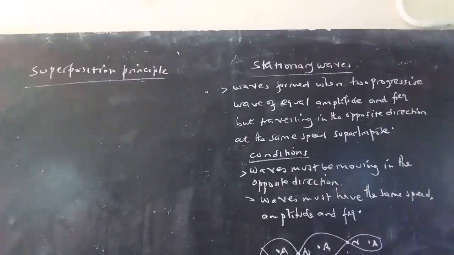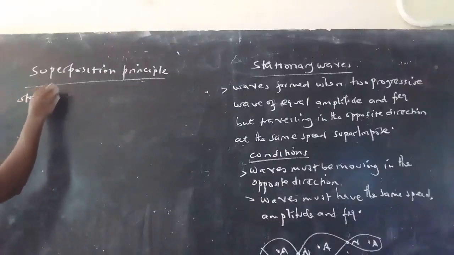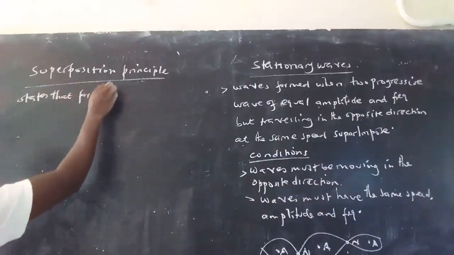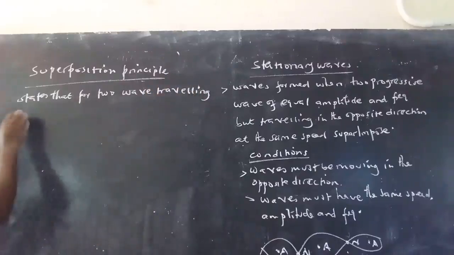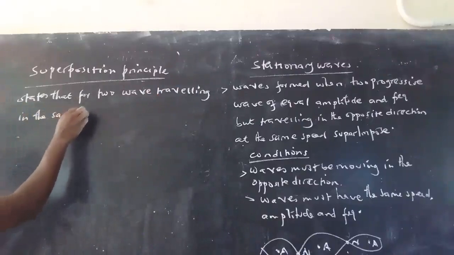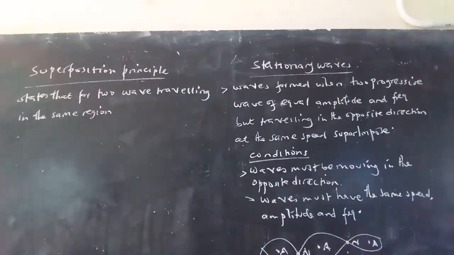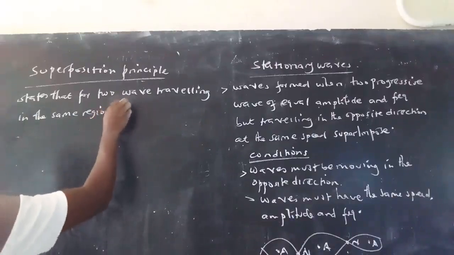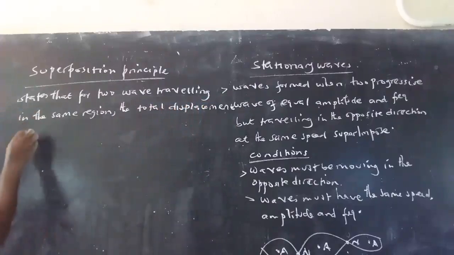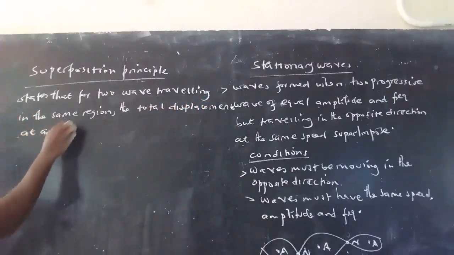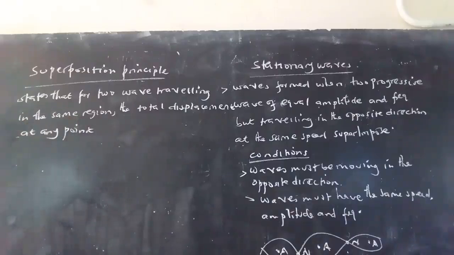It states that for two waves traveling in the same region, the total displacement at any point is equal to the vector sum.